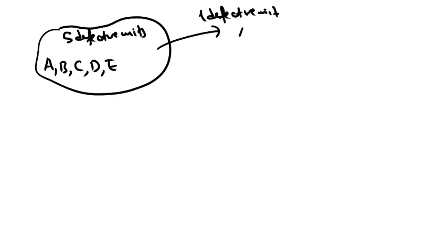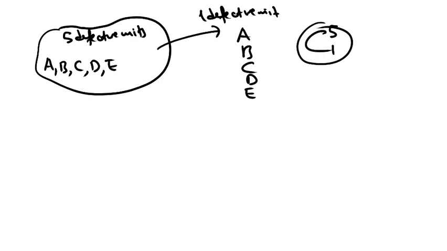I can select A, B, C, D, or E. So the question is, what are the possible ways that I can select 1 out of 5? I use the combination rule, which tells me how many ways I can select one defective item out of 5.